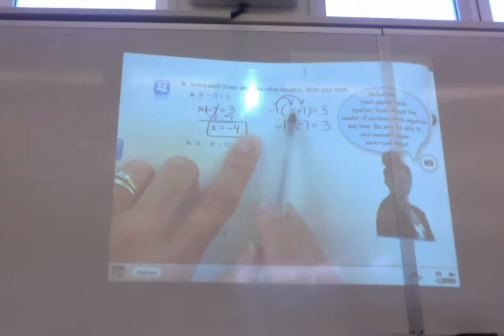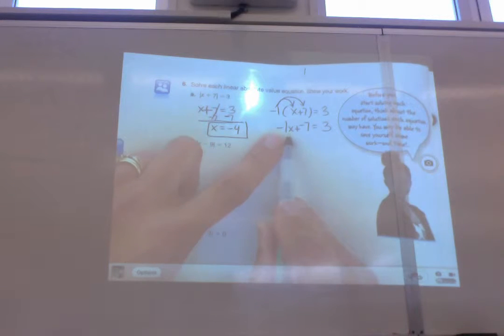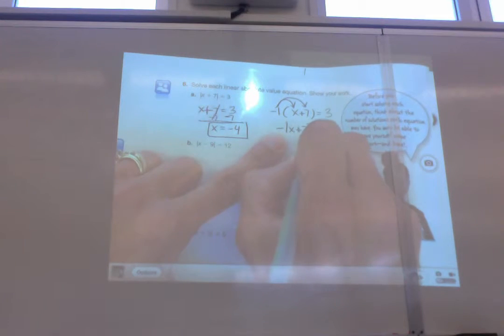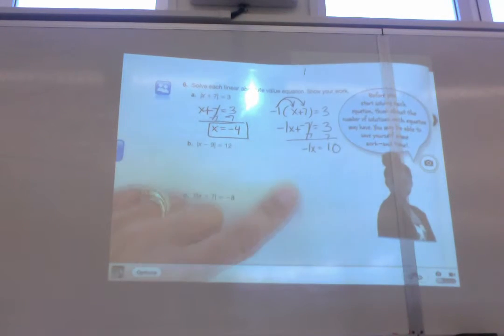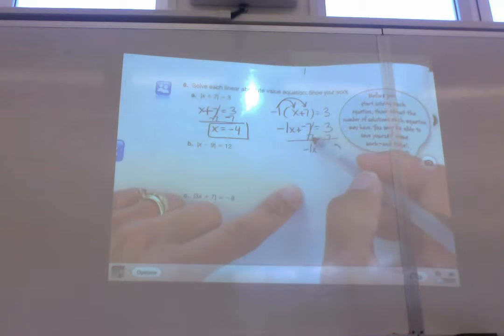Negative 1 times x, negative 1 times 7. Then we need to get the x term by itself. To get rid of that negative 7, I'm adding a positive 7 to both sides.